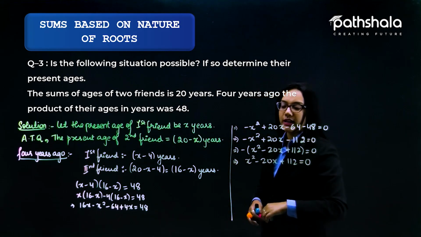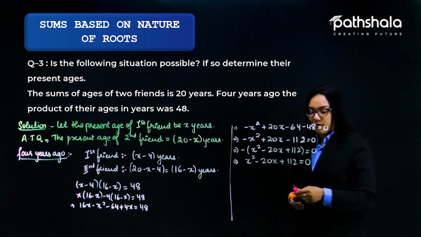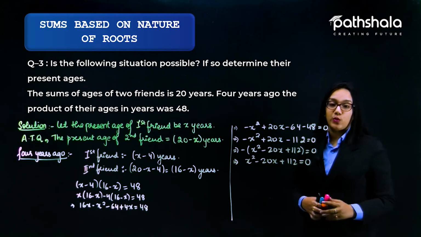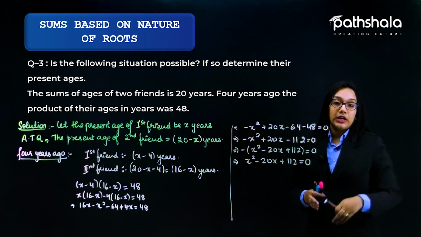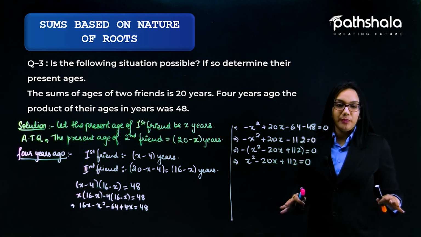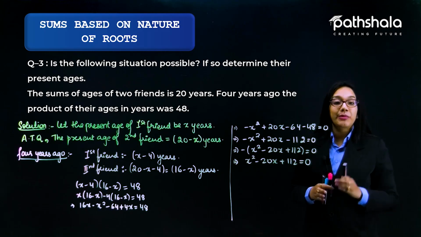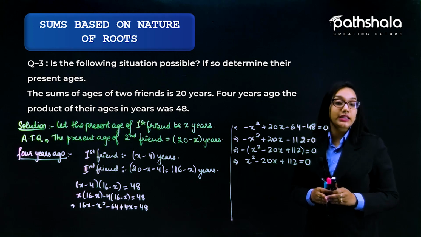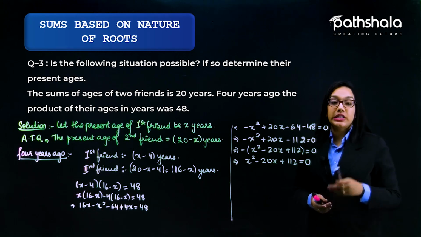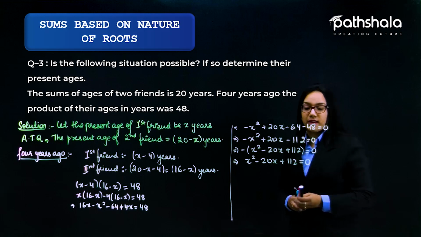So at the end we are getting this quadratic equation formed from the given situation. Now it says, is the following situation possible? This situation is only possible whenever the discriminant comes out to be greater than or equal to 0. So let's take the discriminant of this quadratic equation.